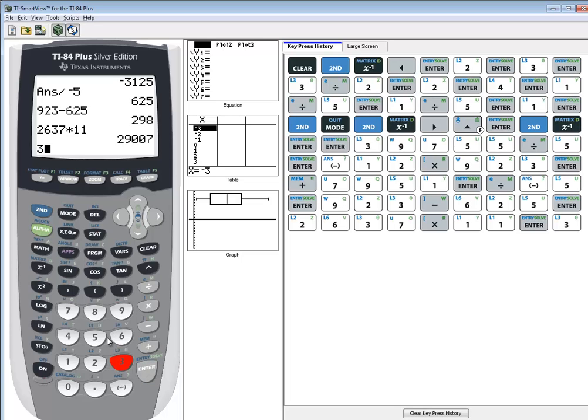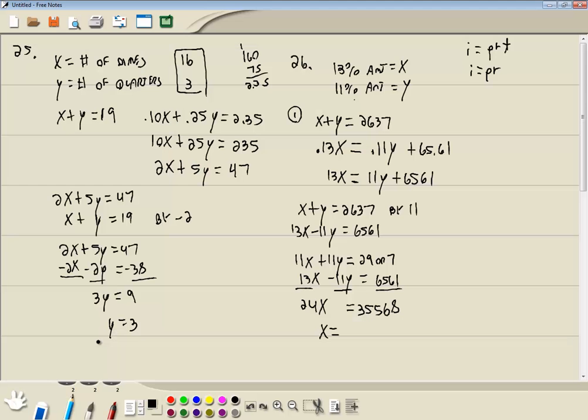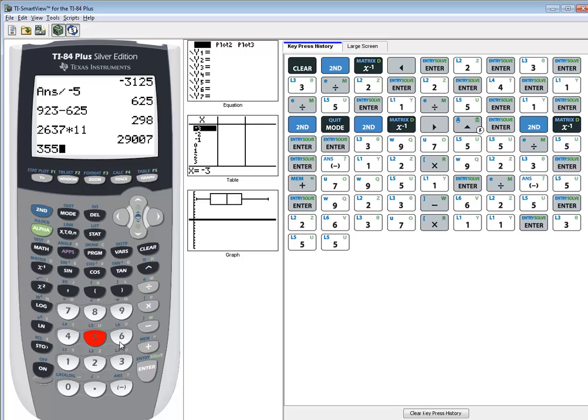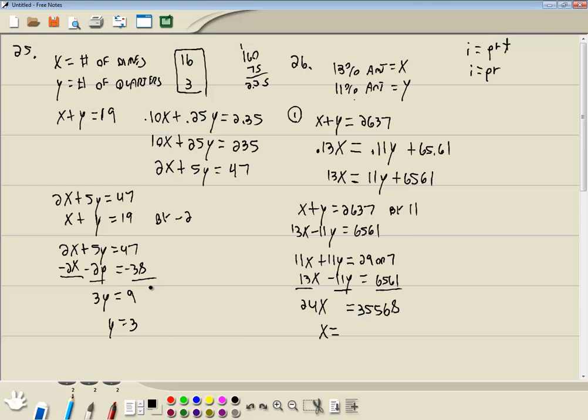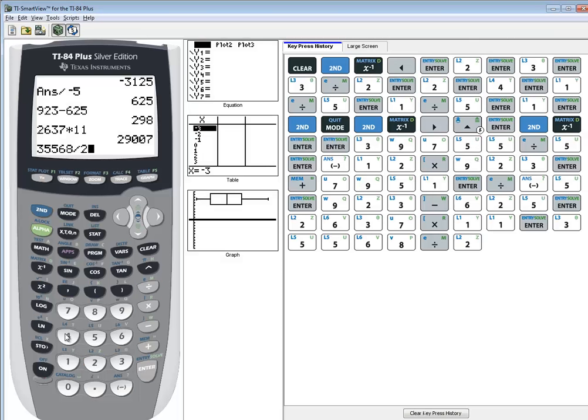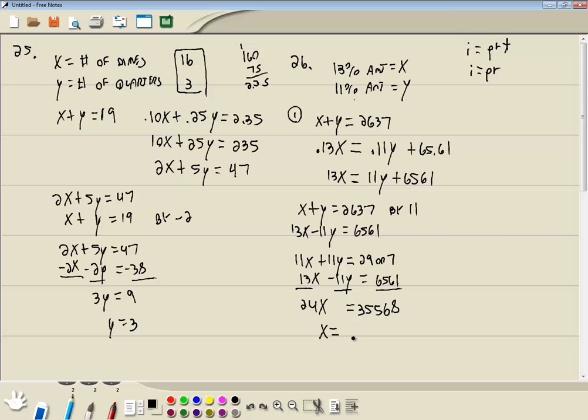So 35,568 divided by 24 is 1482. Okay, now this adds up to 2637. So if I take 2637 minus 1482, hmm.